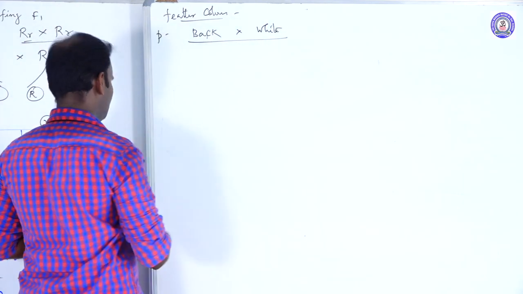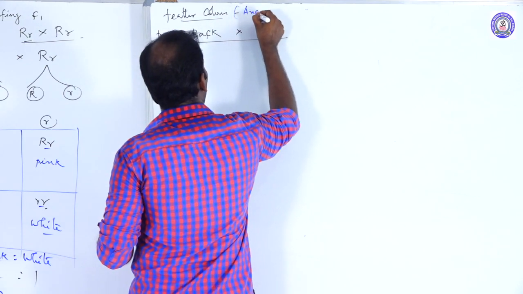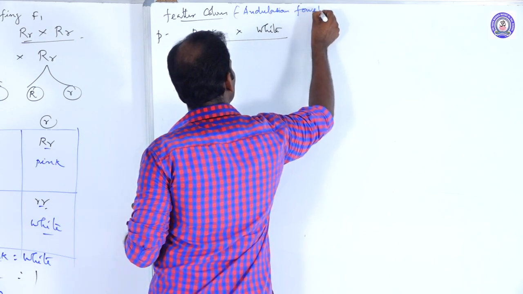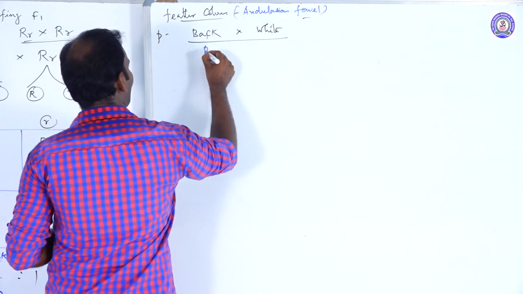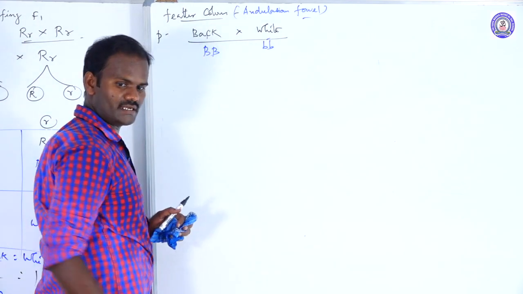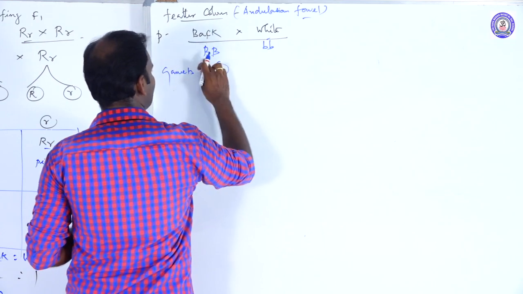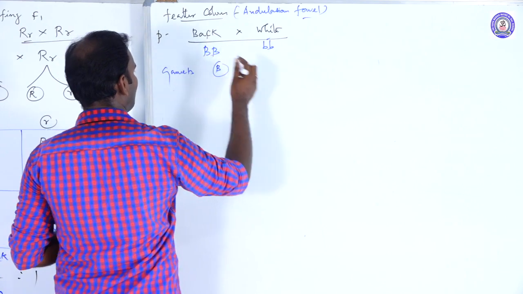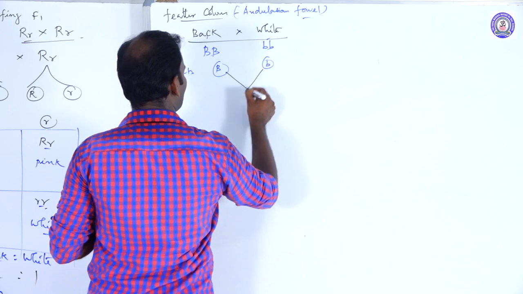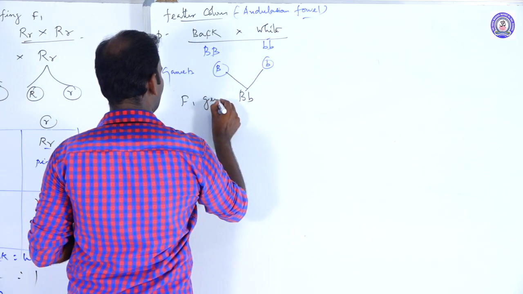It is the parental generation. Black is controlled by capital B. White is controlled by small b. These are recessive characters. At the time of gamete formation, since each is homozygous, only one type of gamete is possible. Here also only one type of gamete is possible. Both are fused together to form the zygote capital B small b. This is the first filial generation.